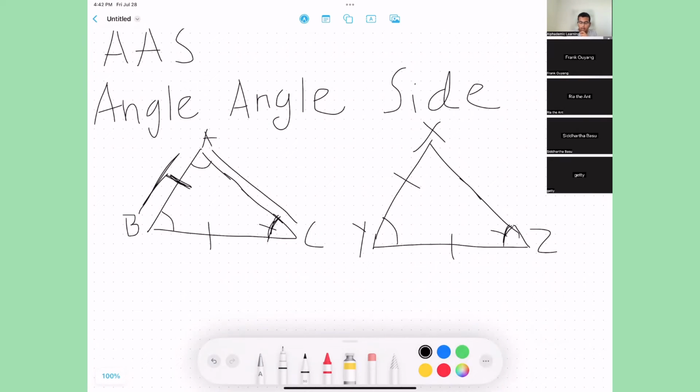For this to work, angle BAC would have to be equal to angle YXZ. But in the statement, that's not given. It's only that angle ABC is equal to angle XYZ and angle ACB is equal to angle XZY. Nowhere is it given that angle BAC and angle YXZ are equal. So just keep that in mind when you do the problem.